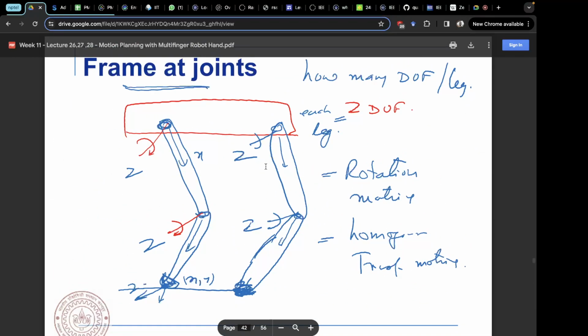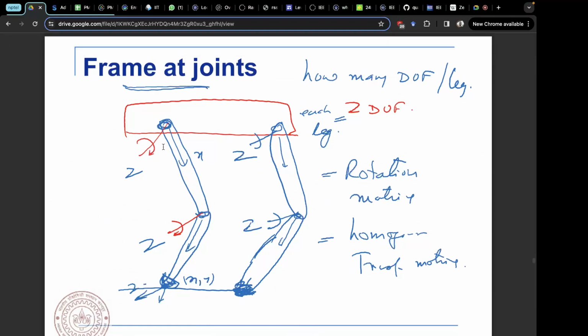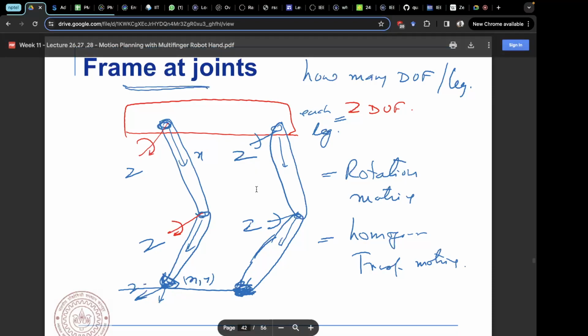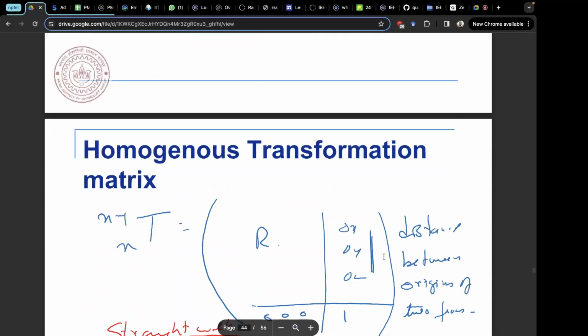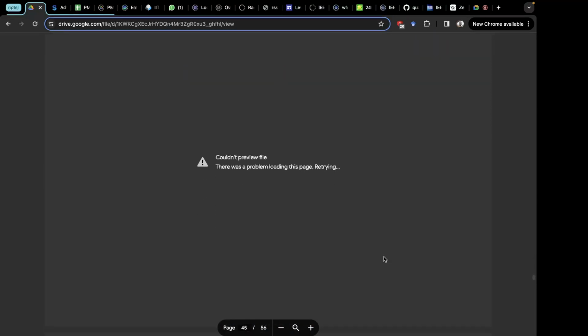So yeah, similar to what has been covered on the slides. Z is assigned like this. In this diagram each leg has 2 degrees of freedom, then the rotation matrix, and then the homogeneous transformation matrices, right?